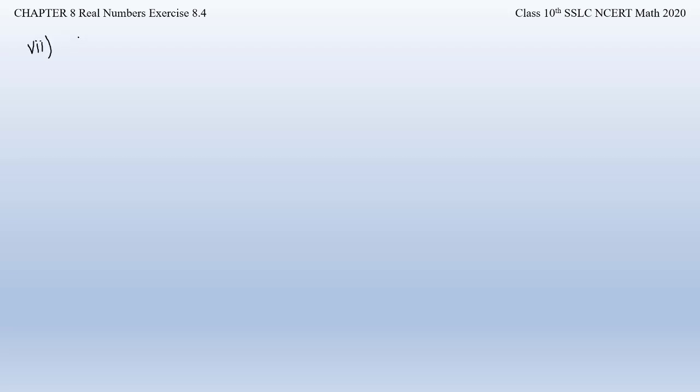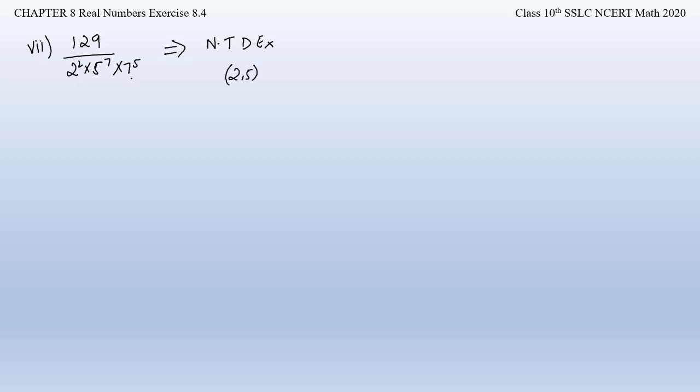Problem number 7, which says 129 divided by 2 square into 5 power 7 into 7 power 5. Now here in the question we can clearly observe that the denominator has the number 7, that is 7 power 5, by which we can conclude that this number is a non-terminating decimal expansion, because the denominator should always be in pair of 2, 5 for the number to be terminating.